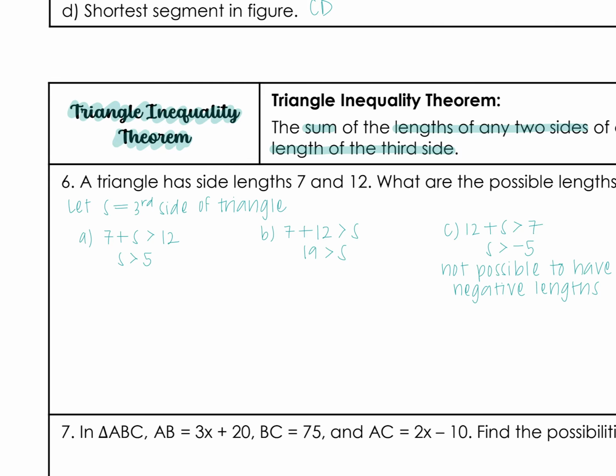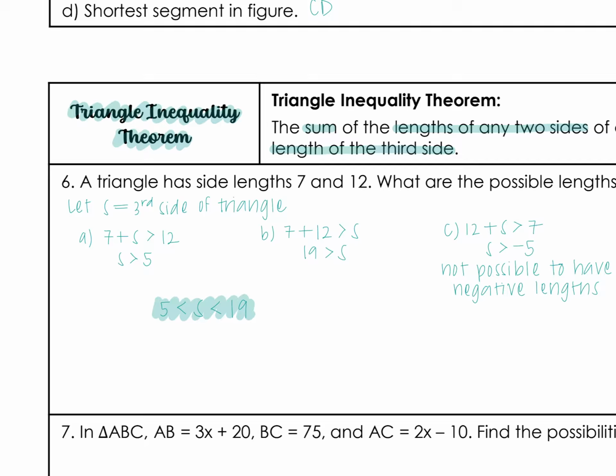And so we are saying in this first scenario that my S is going to be greater than 5. But in scenario B, we're saying it's going to be less than 19. So then my answer here is just going to say that S can be greater than 5, but less than 19.